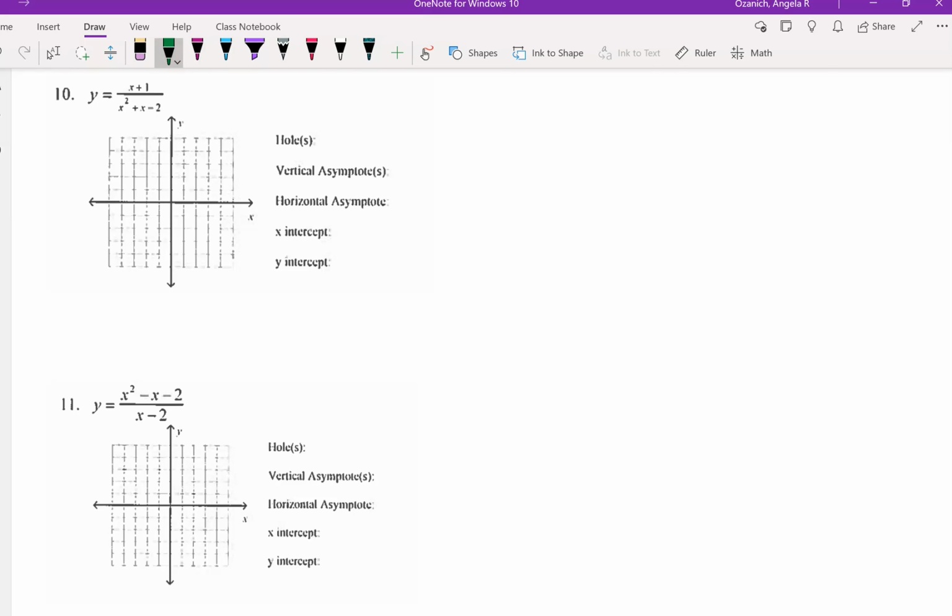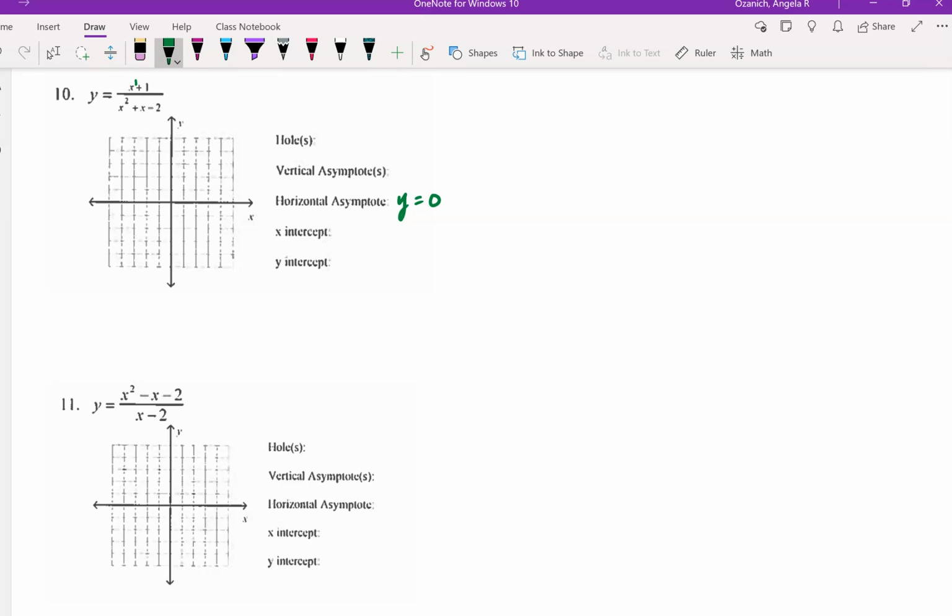What you can see here is that the degree of the top is a 1, first degree, like a linear polynomial, and the degree of the bottom is a second degree polynomial. Because m, our rule, is less than n, we know right away that our horizontal asymptote is at y equals 0.